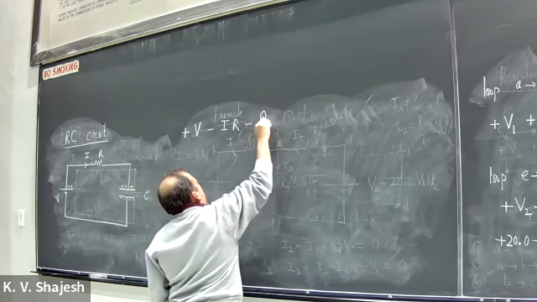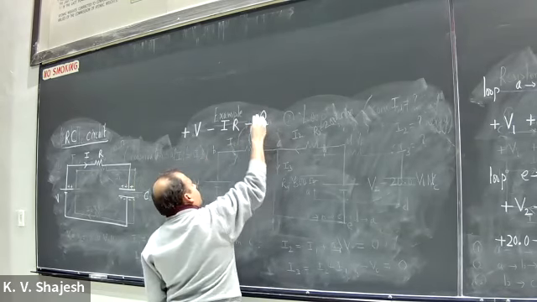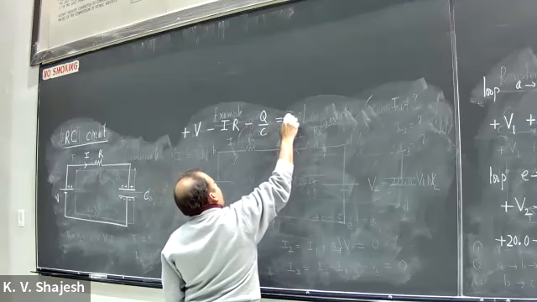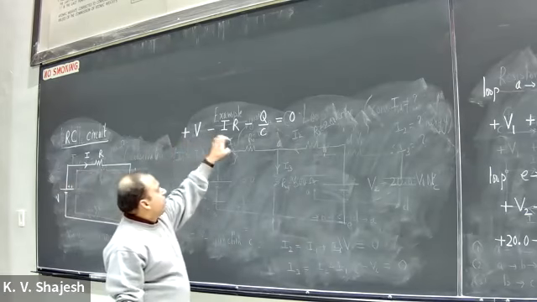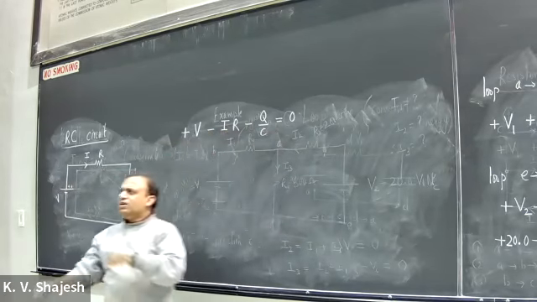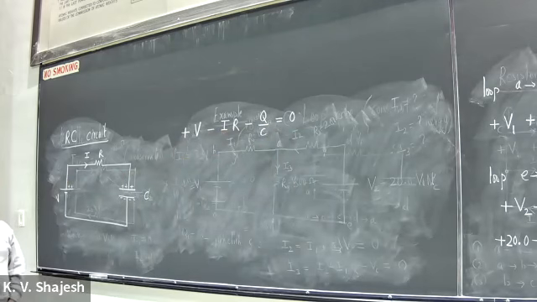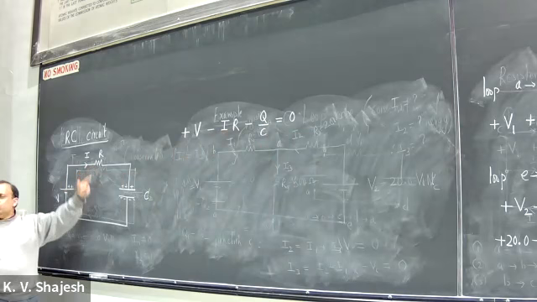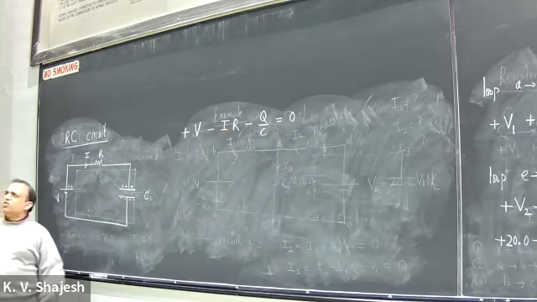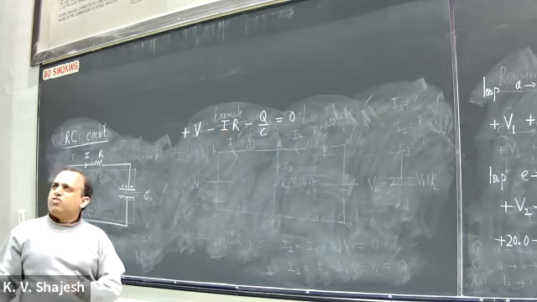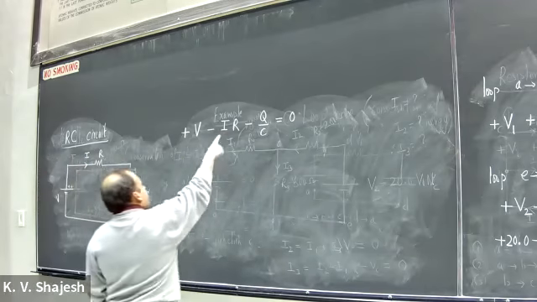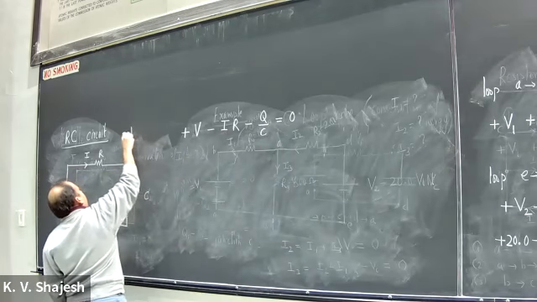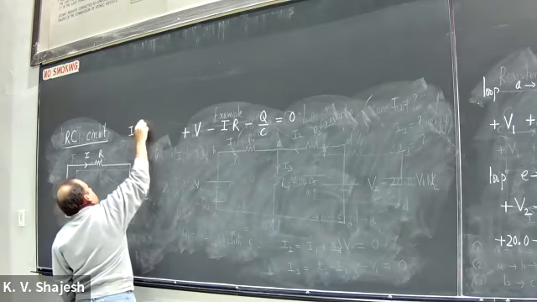So this Q over C. One week back, we did that. And that whole thing has to be equal to 0. Battery, resistor, capacitor in a loop, they have to sum to 0. How much charge goes through this resistor is determined by the rate at which charges are going. That's the derivative of charge with time. So I can replace this I with dq by dt.